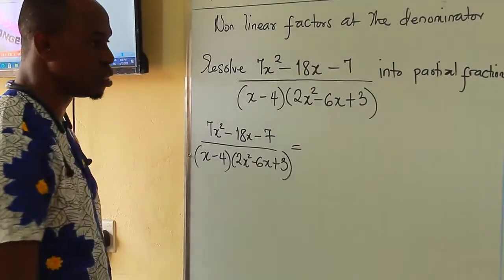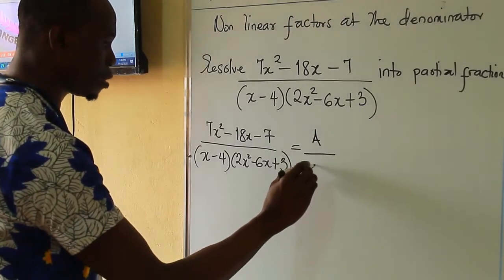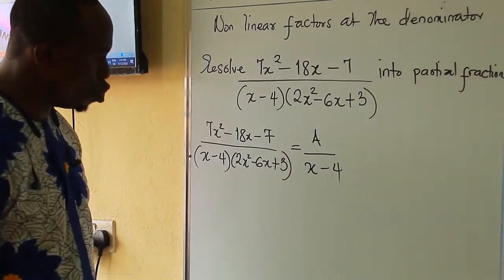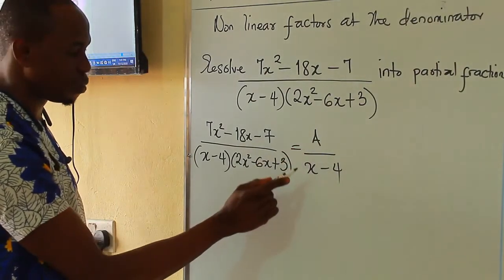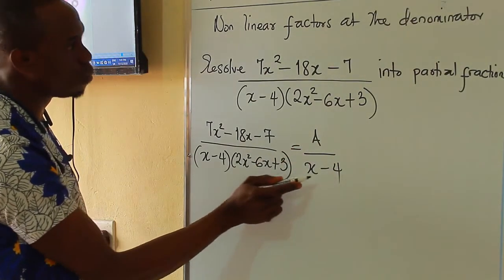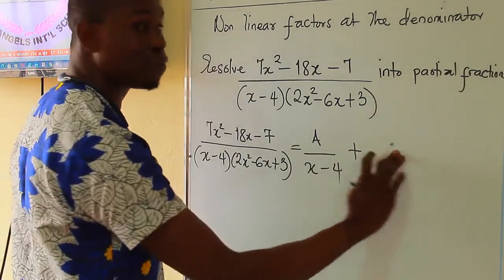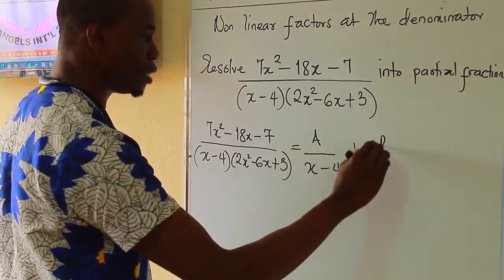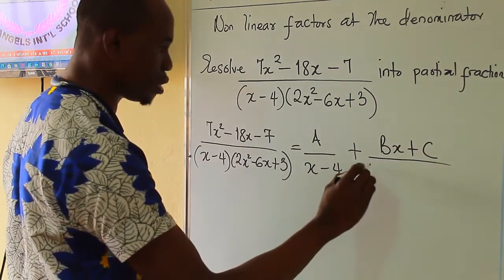It will be written in this form. I have a over x minus 4, knowing that a single value was used for a single linear denominator. But in order for me to write the other fraction, I have to write it as the derivative of a quadratic function.